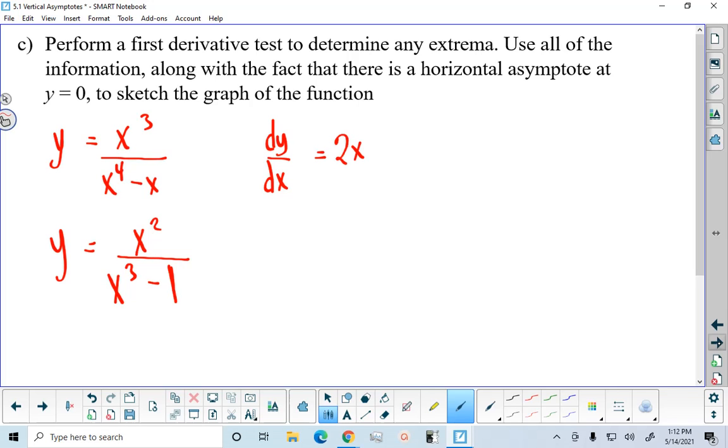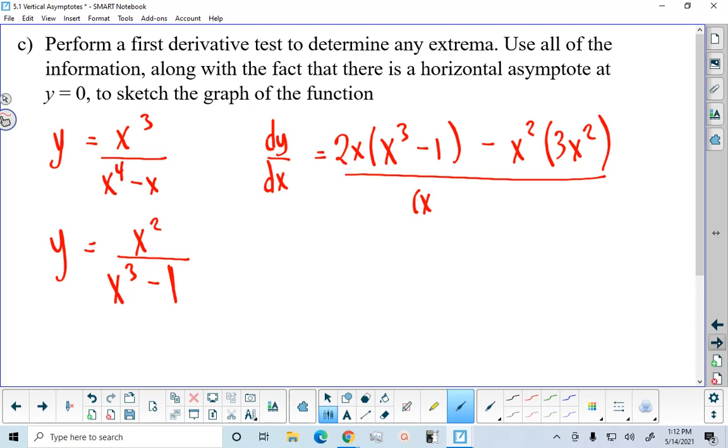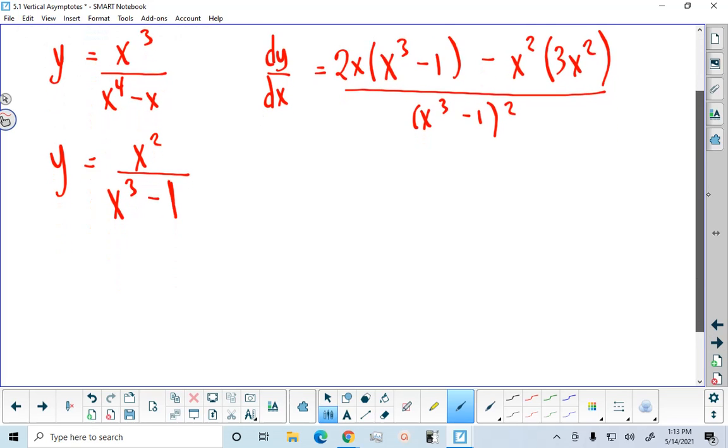I have to take the derivative of the top times the bottom minus the top times the derivative of the bottom, over the bottom squared. And I'm going to double check everything, as should you. The derivative of the top is 2x, that's fine. The bottom is x cubed minus 1, minus the top, which is x squared, and the derivative of the bottom is 3x squared. So we're going to factor the numerator.